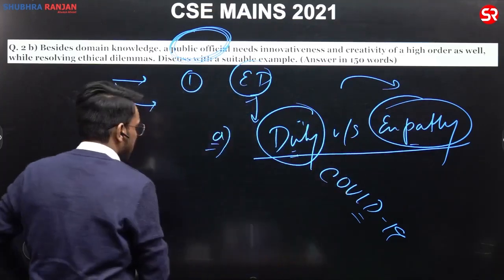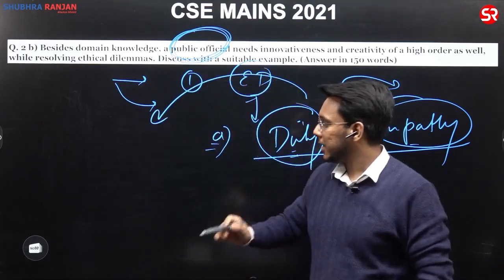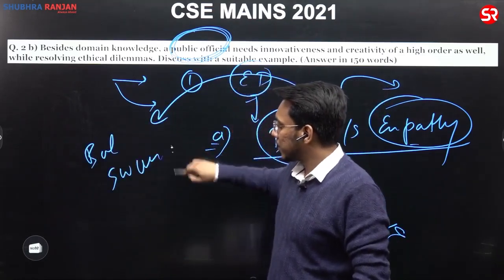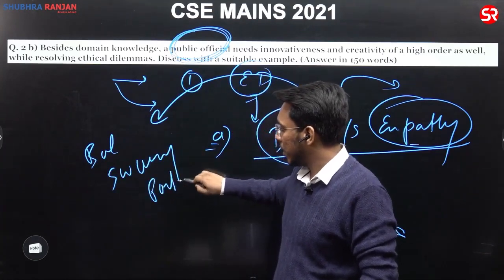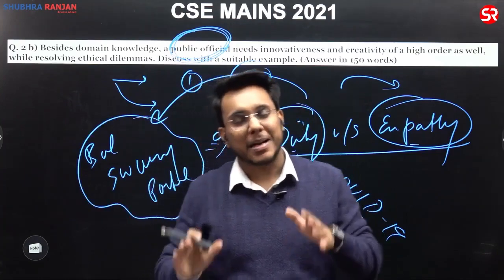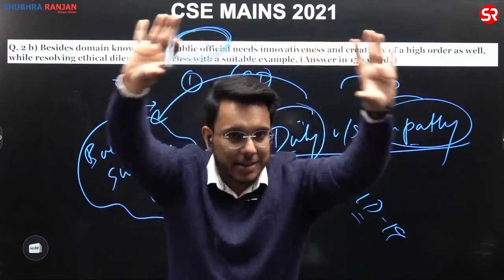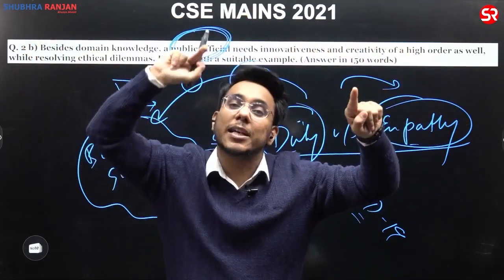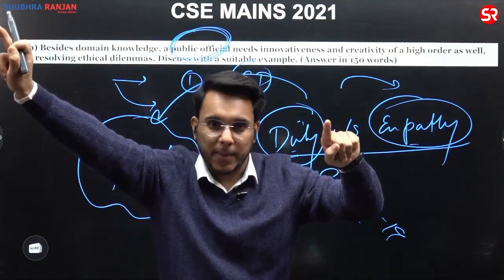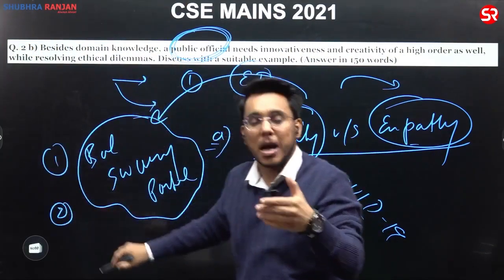Now this particular dilemma was resolved by creating the Bal Swaraj portal. Now on this Bal Swaraj portal, the details of such children who got orphaned were listed so that institutional care could be given to them. अब आप यहाँ पे क्या कर सकते हो?